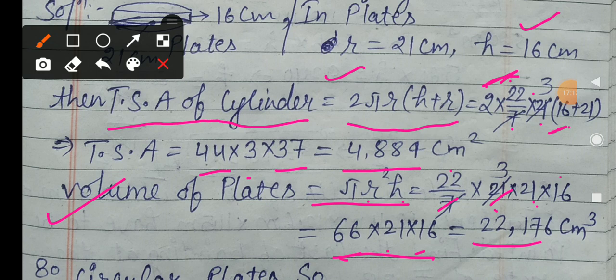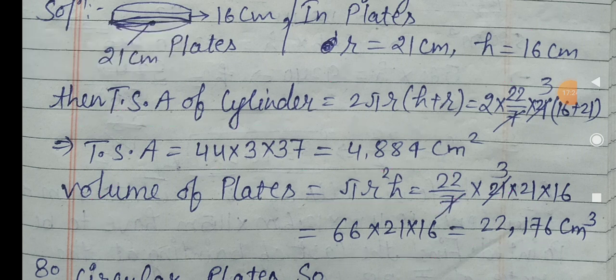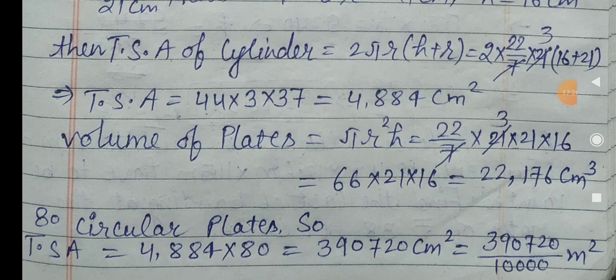Okay, so we get one plate's TSA and also one plate's volume, but we have 80 plates, so we have to multiply these values by 80 to get the total TSA of that cylinder.